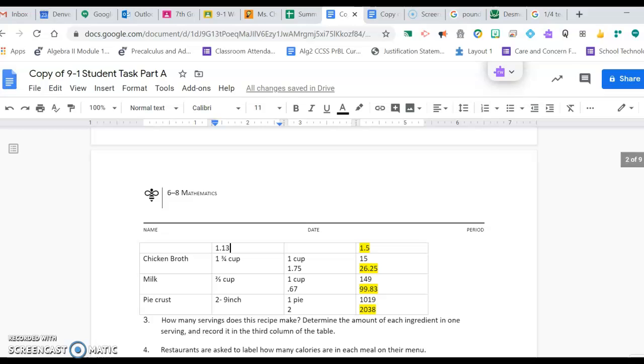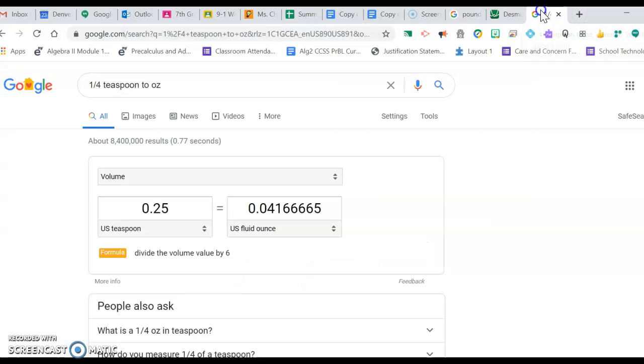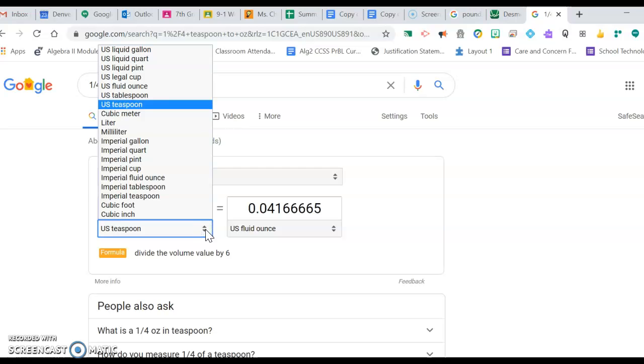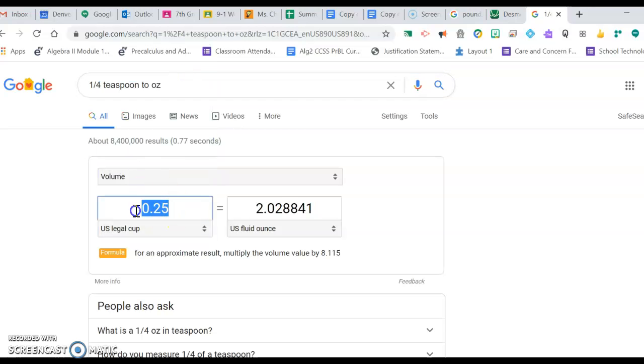Alright, so this is going to be 1 3/4 cup, right? 1 3/4 cup. So 3/4 of 16 ounces is 14 ounces.